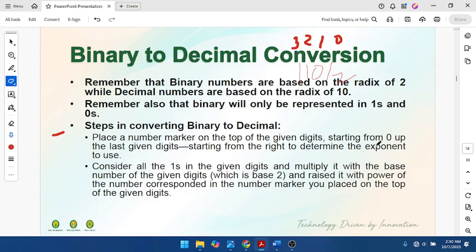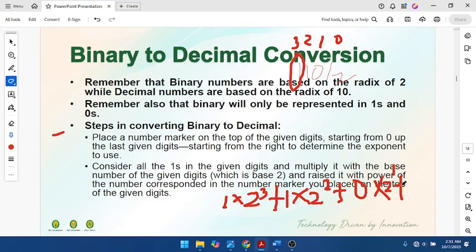We have 1 times 2 to the power of 3, plus 1 times 2 to the power of 2, plus 0 times 2 to the power of 1, plus 1 times 2 to the power of 0.